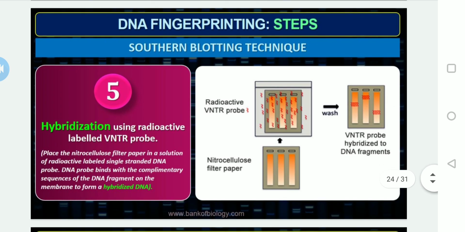The next step is a very important one: tagging radioactive DNA probes. It is also known as hybridization using radioactive labeled VNTR probes. What is the meaning of this? Let me explain.